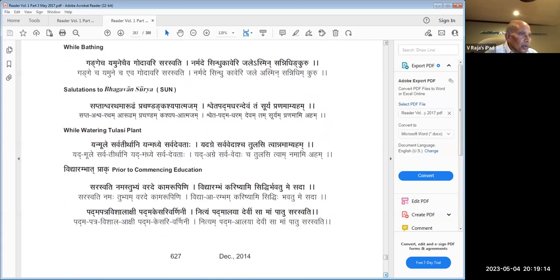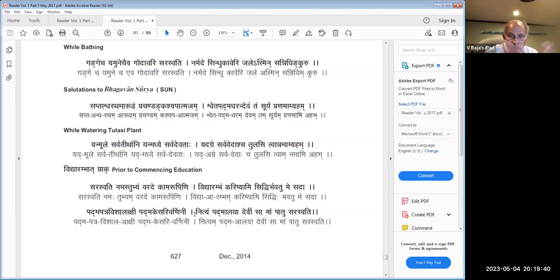Then Tulasi, there are beautiful slokas about Tulasi, and most of the people who have a Tulasi plant in their house go around it. I heard this even from people who do not know Sanskrit: they chant this sloka while doing a pradakshanam on Tulasi.